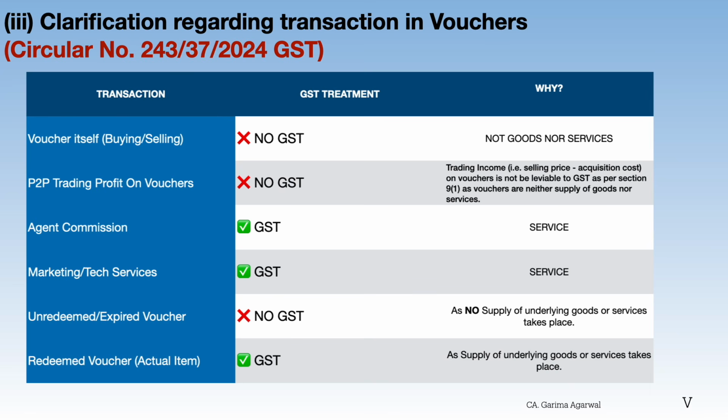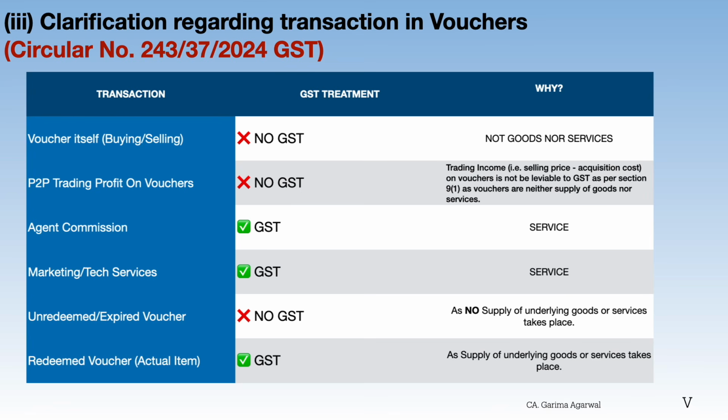Agent commission. It's always GST, because all types of commissions and fees are taxable supplies and it is a service. Marketing tech services. Again, similar GST treatment. GST should apply as it is a taxable service. Unredeemed expired voucher. What should be the GST treatment?